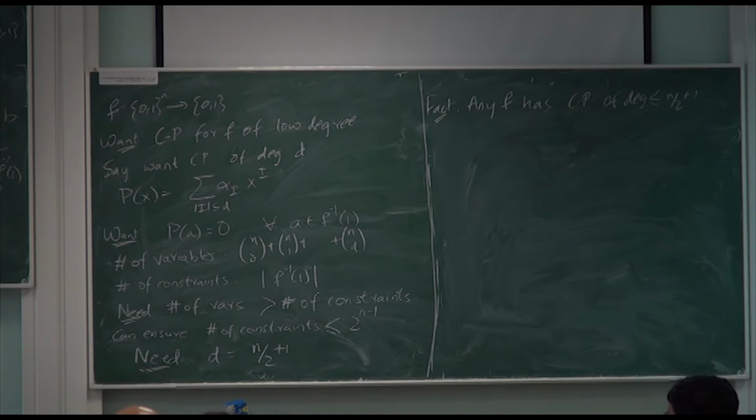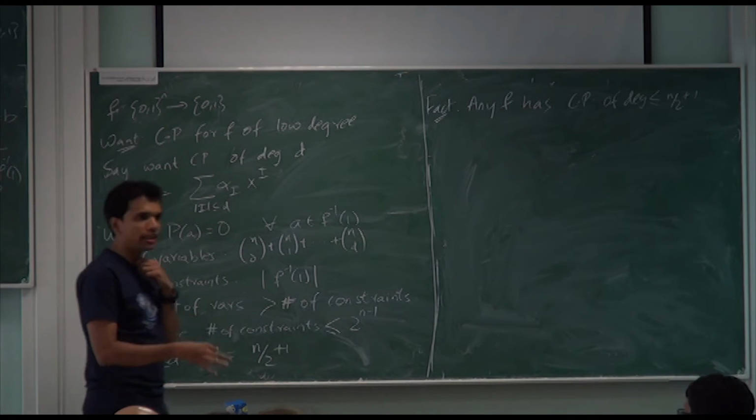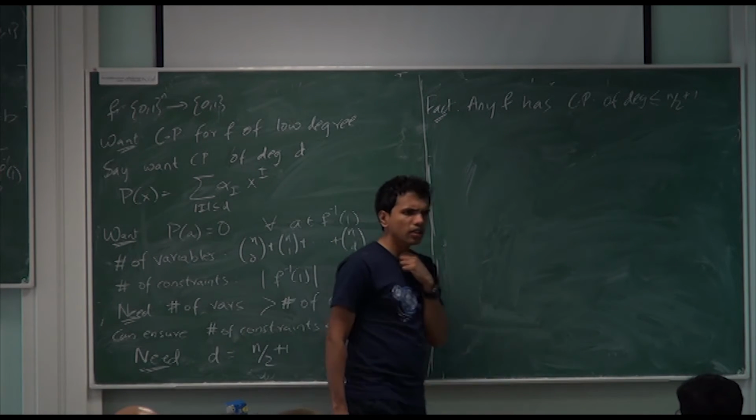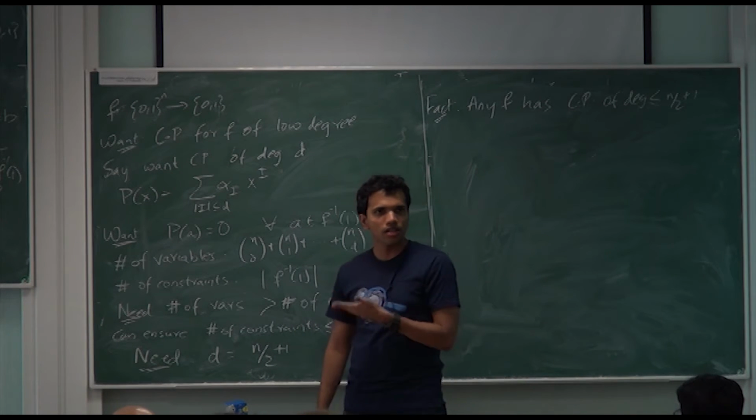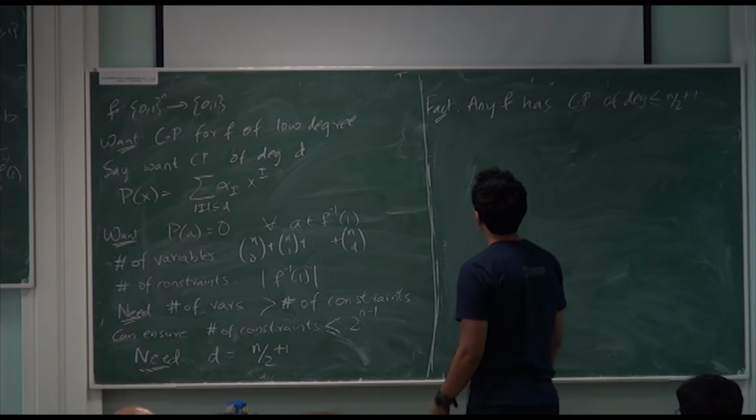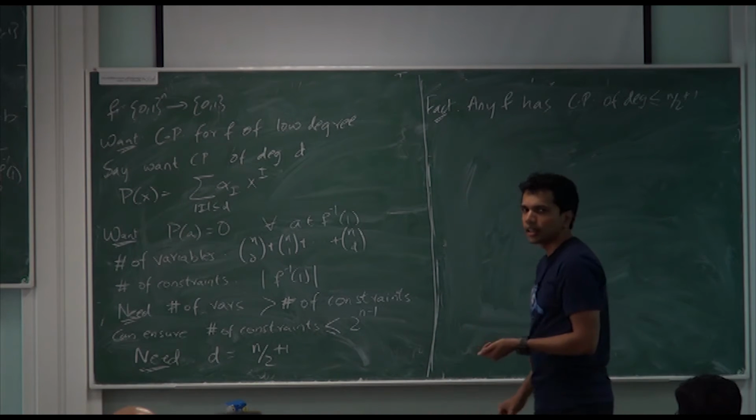Which is a slight improvement over the trivial bound of just representing the function as a multilinear polynomial. If I just write it out as a multilinear polynomial, it has degree n. Now it's slightly better, it's like n by 2. Okay. So you can ask now, can you do better than this? Can you actually show that every function has a certifying polynomial of even lower degree?